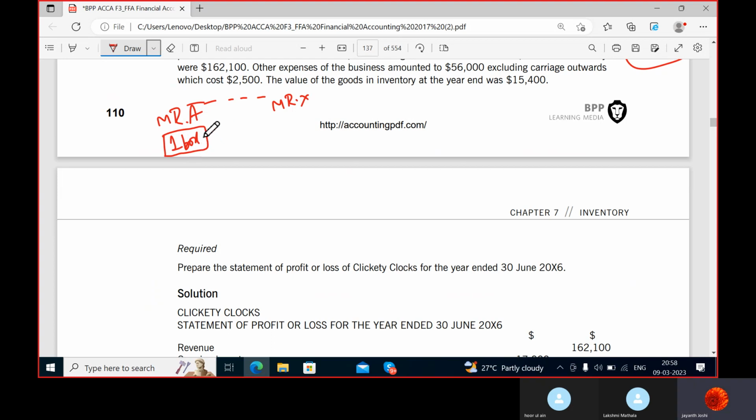This box needs some packaging, some labeling or something, and everything is done here. Now what cost has Mr. A incurred for bringing this box? The purchase price, the purchase cost, and the carriage inwards. So these two added together, can I say this is the total purchase cost? Please tell me.